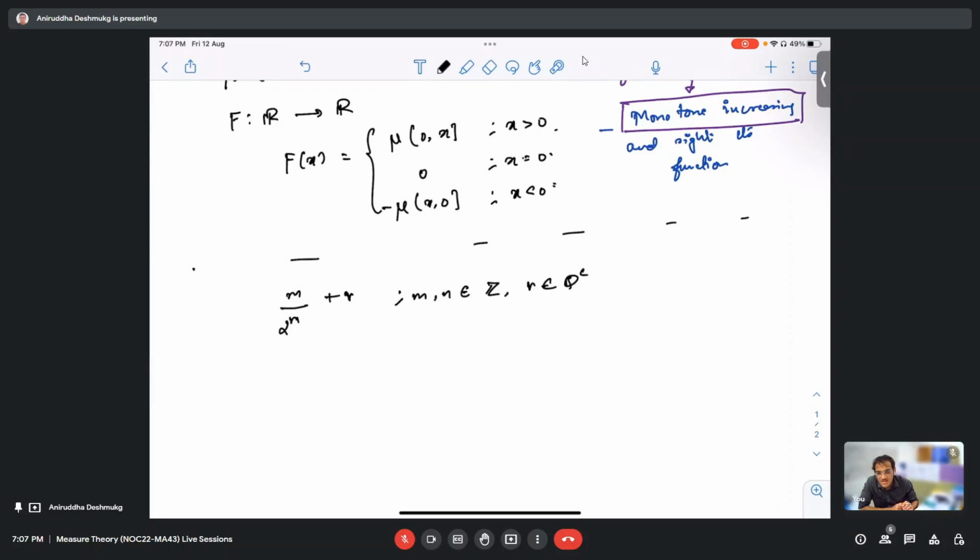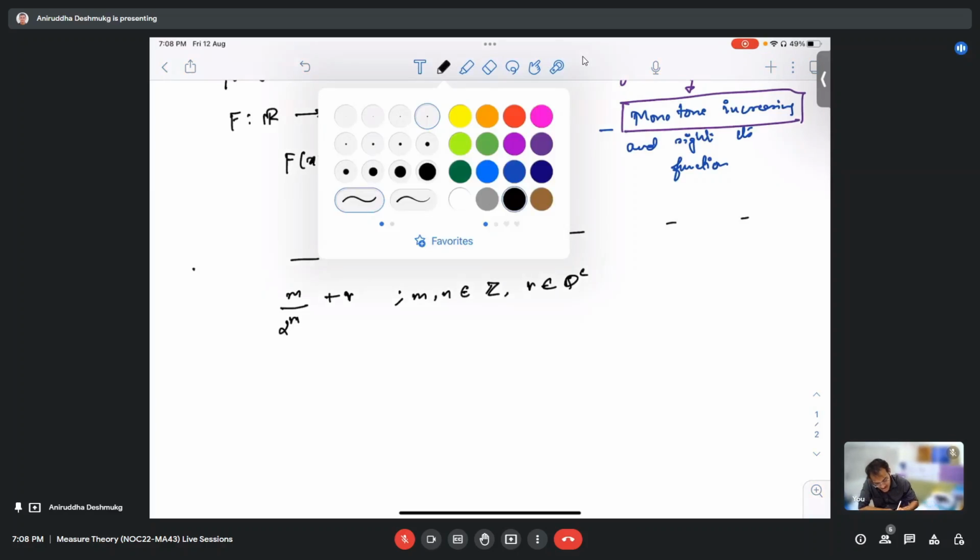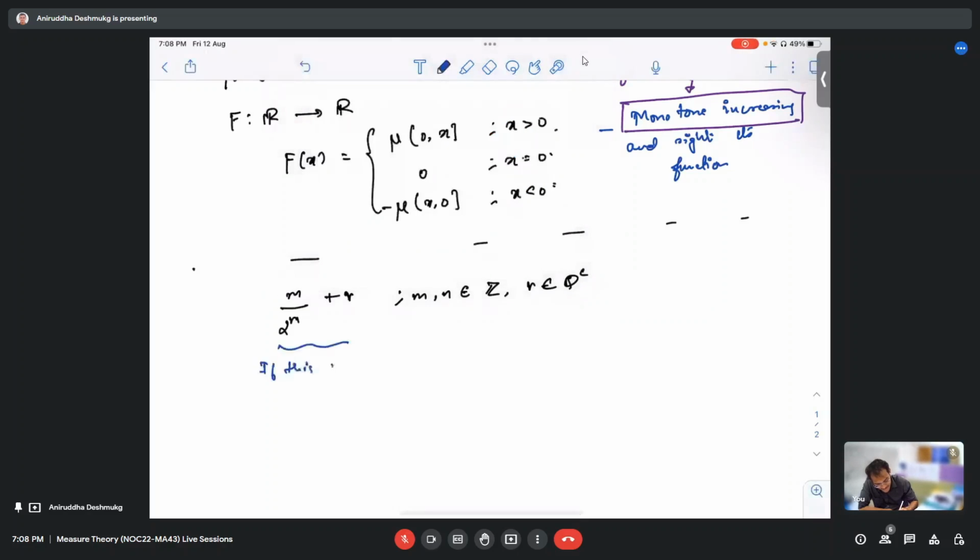So we can add m by 2^n plus r. Is this number irrational or dyadic? A rational plus an irrational has to be an irrational number, right? If this is dyadic, then it is rational. Dyadic numbers are rational numbers. But once this is rational, then r becomes rational, so this cannot be dyadic.